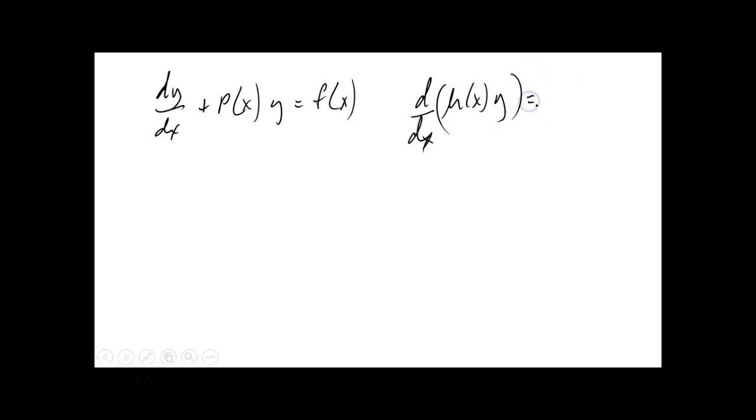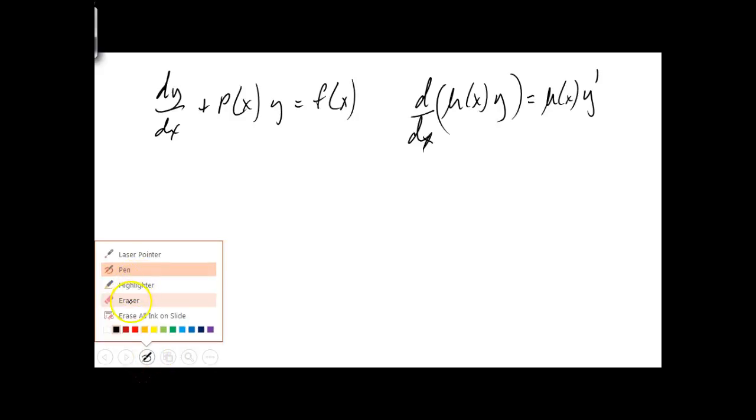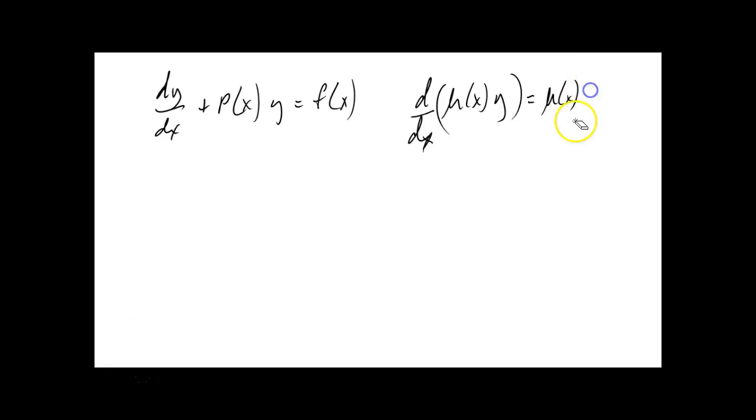You remember the product rule? Okay, so what would this give you? Mu of x, y prime. Remember, you're taking the derivative with respect to x, so that would be your dy dx. I probably shouldn't mix my notations like this, so let me write this as dy dx.